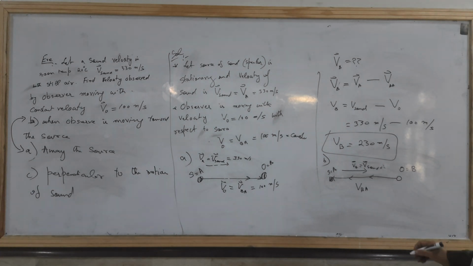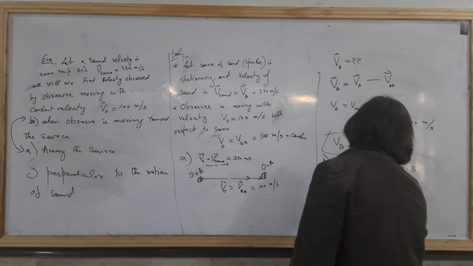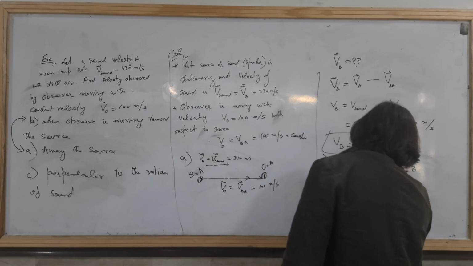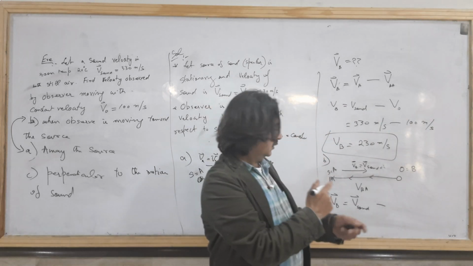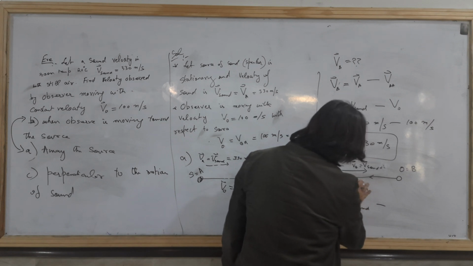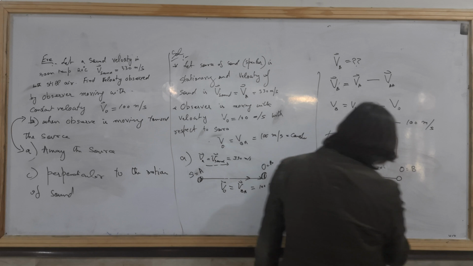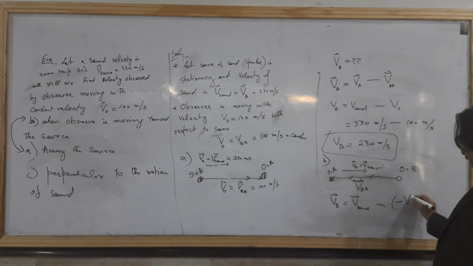Now what will be the formula? This will be VB will be V sound minus, now the direction is changed, so minus VBA.